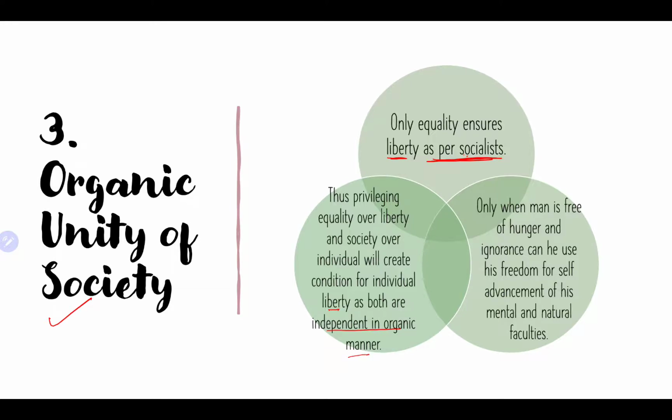Only when a man is free of hunger and ignorance can he use his freedom for self advancement, for his mental and natural faculties. If a man and his society are in hunger and ignorance, then the freedom given by the state cannot be utilized properly.